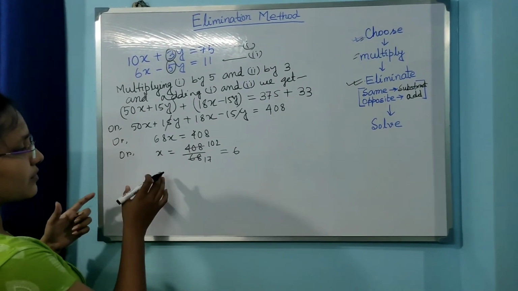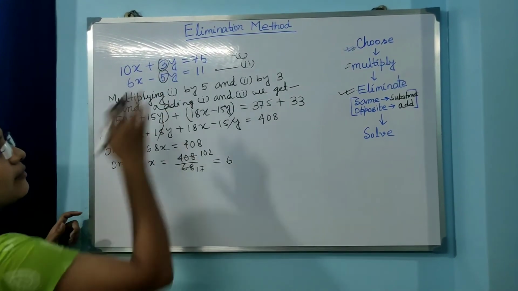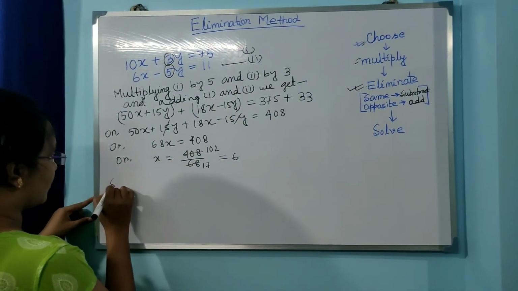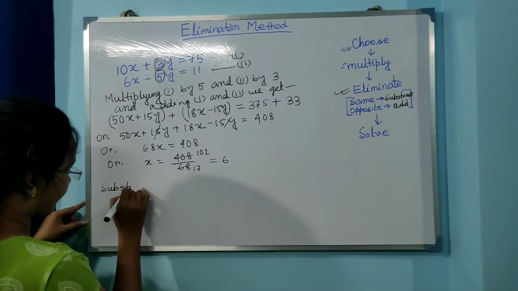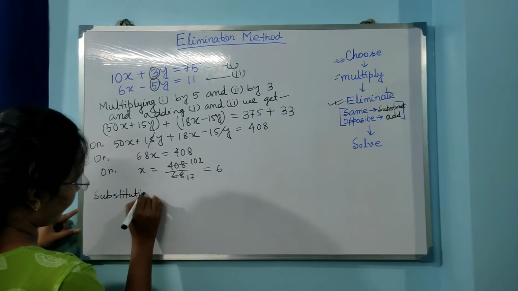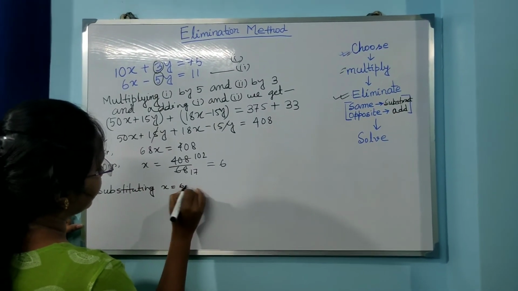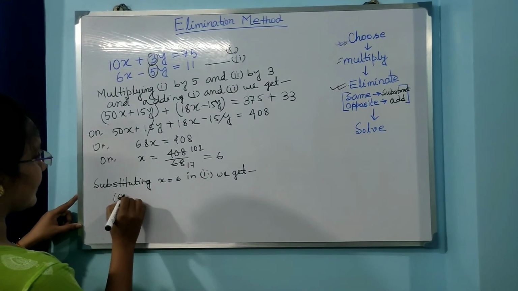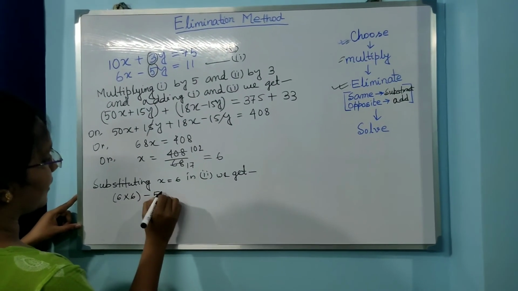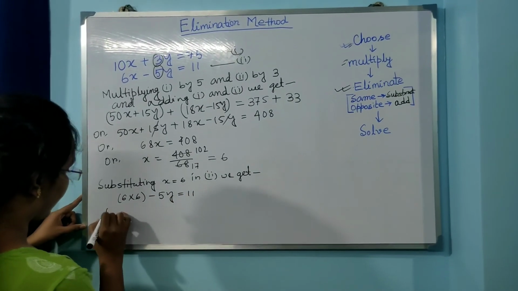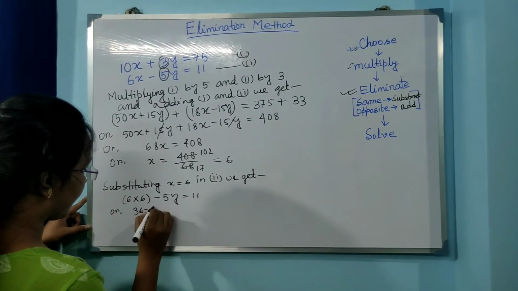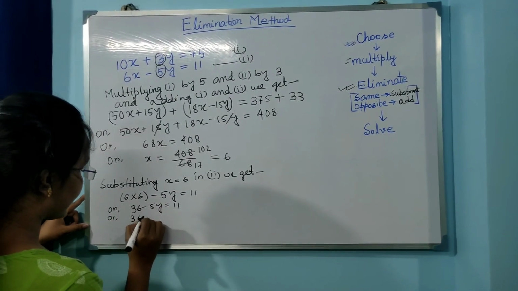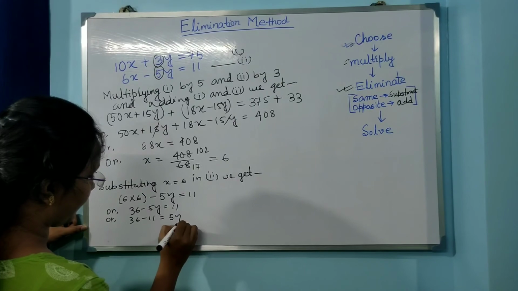Now we have to substitute the value of x in any one of these equations. So I choose equation 2 because this number is small. So substituting x equals 6 in 2, we get 6 into 6 minus 5y equals 11, which gives 36 minus 5y equals 11, or 36 minus 11 equals 5y.